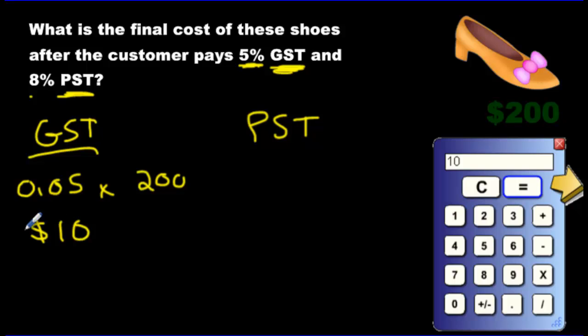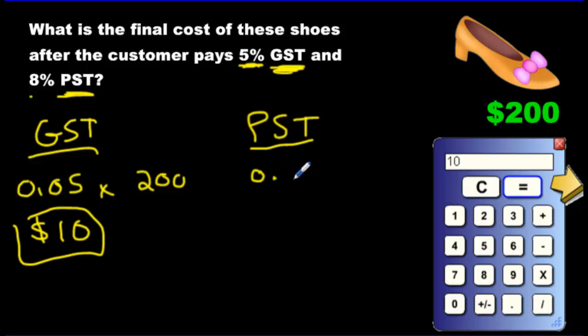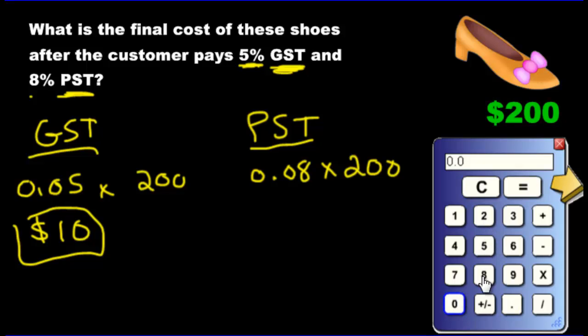That's GST. PST is going to be, 8% is 0.08 multiplied by $200. If we do that, 0.08 multiplied by 200, we get $16.